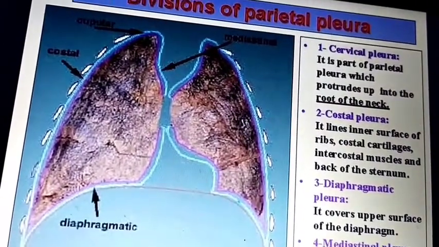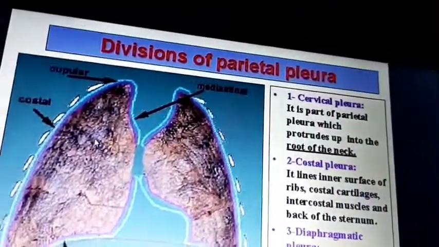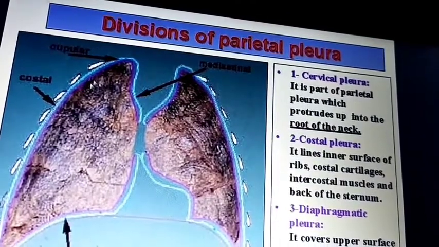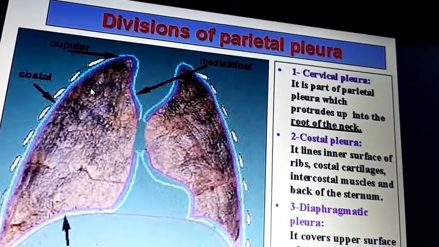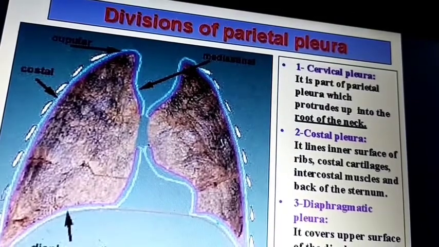Cervical pleura is a part of the parietal pleura which protrudes up into the root of the neck.